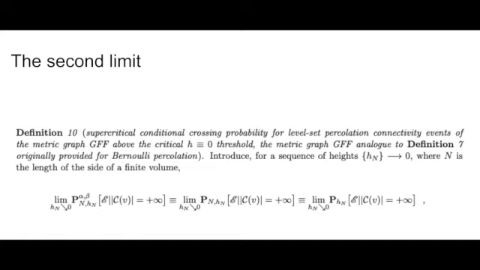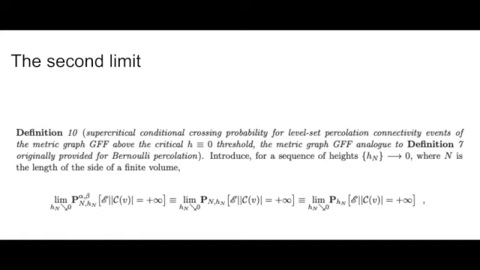So we basically want to see, when we take this supercritical sequence of height parameters, whether the probability of this conditional crossing event occurring would occur. And again, as we mentioned for the previous limit, to make the notation a little bit lighter, we can suppress the alpha and beta and the n.